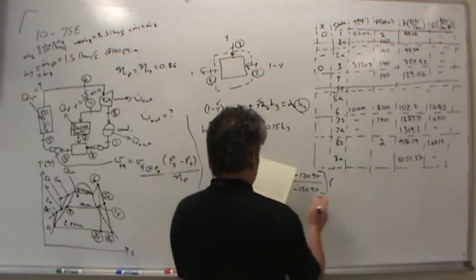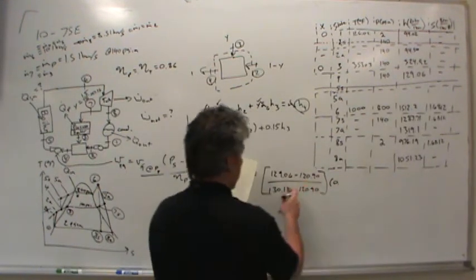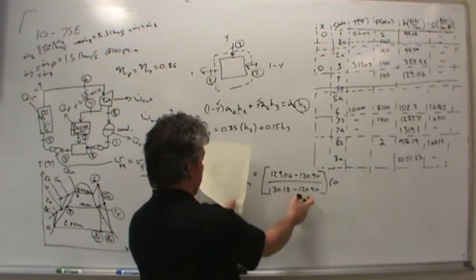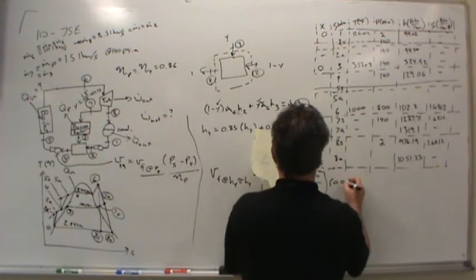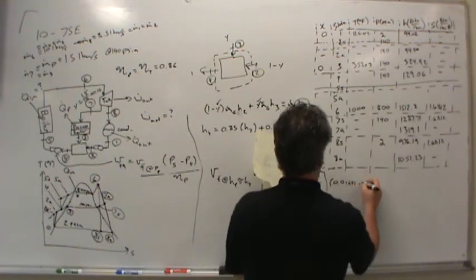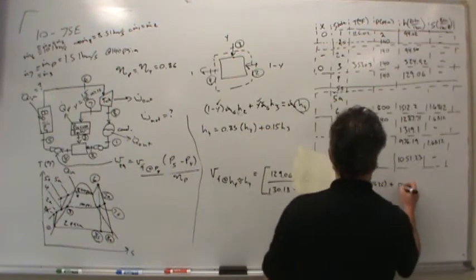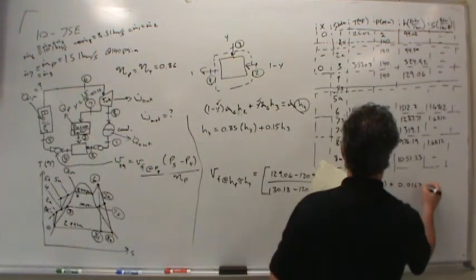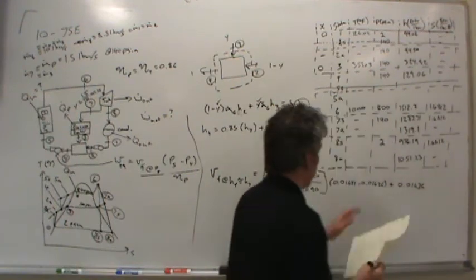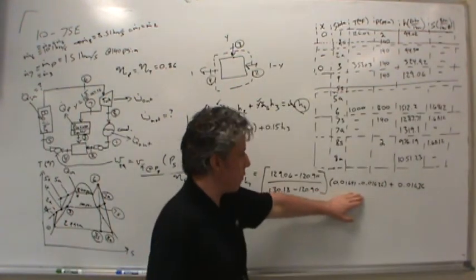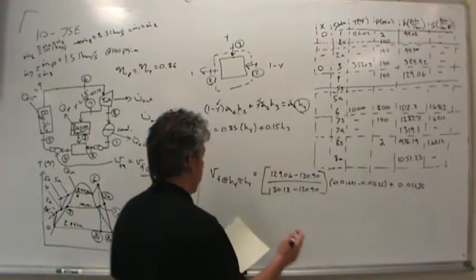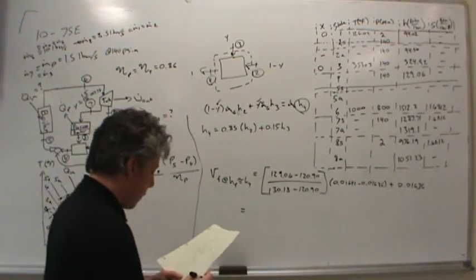Times the specific volume difference between the two data points I actually have in the table, 0.01641 less 0.01636 plus 0.01636. Now understand that these are all specific volumes, and of course they all have units of cubic feet per pound mass.